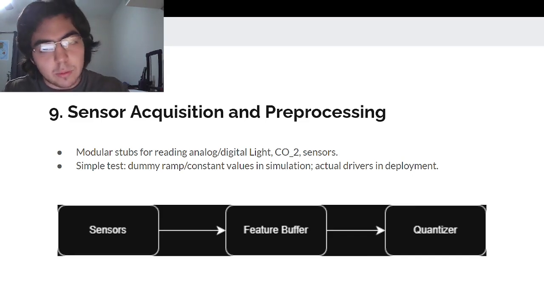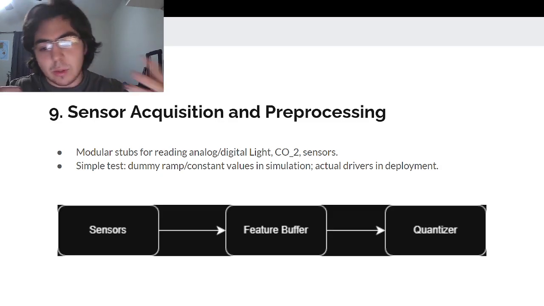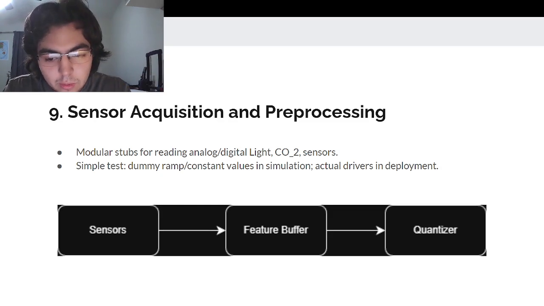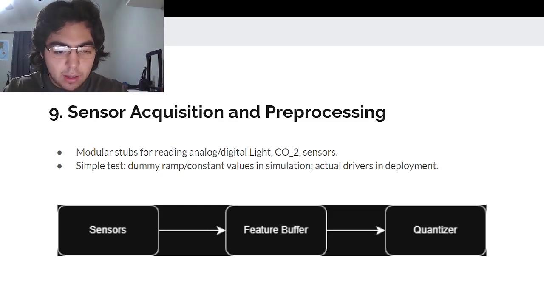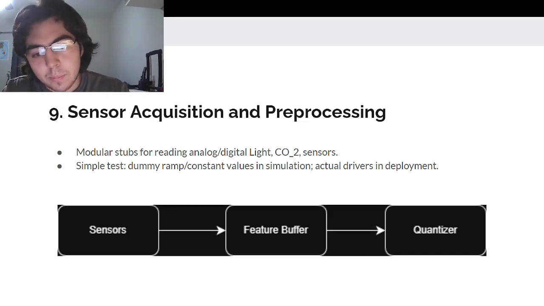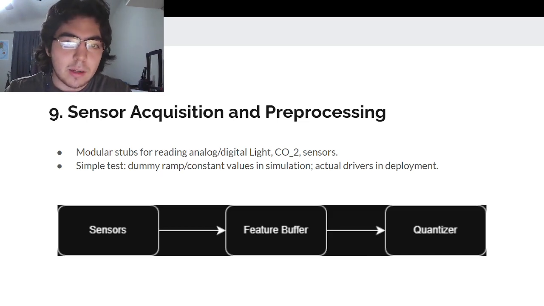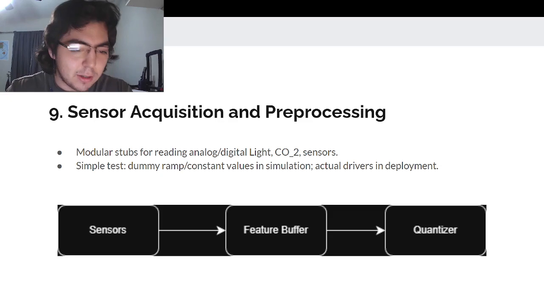If there's no light in a room and CO2 levels are low, there's probably nobody in the room. And the way the 8051 would know these things is with a sensor. And so the 8051 would take in these things, quantify them, make a prediction, and send it to the central coordinator, whatever it would be. And the central coordinator would do the stuff. I'll get to that later.